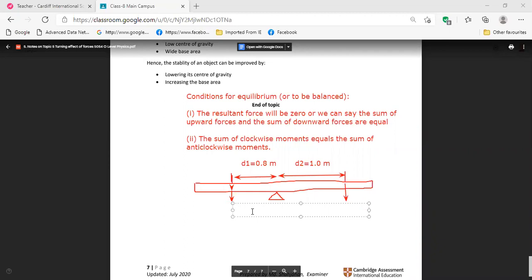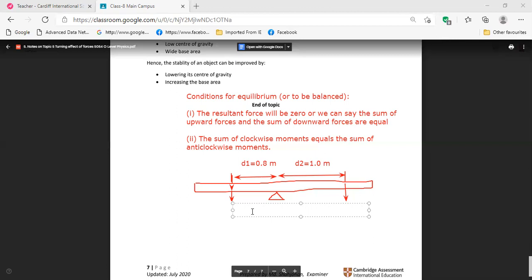That means there might be some value like 1.1 meter, that means we have 1 meter, 100 centimeter, and with that another 10 centimeter. So 1.1 meter. Is it clear?